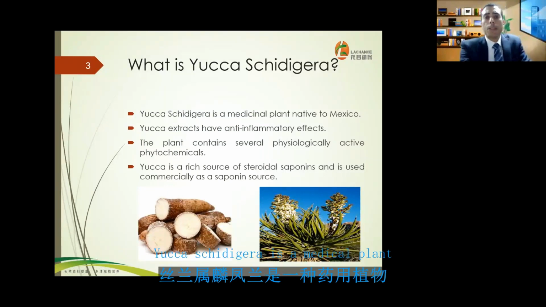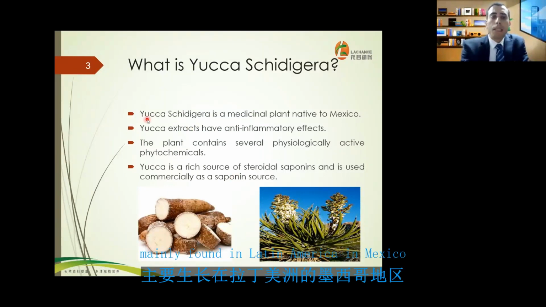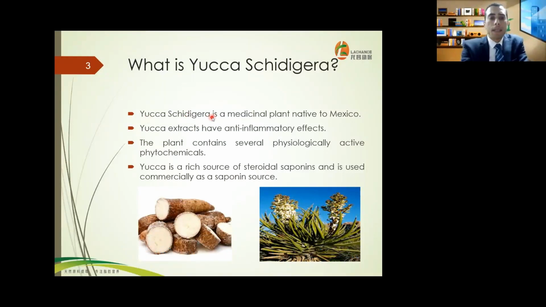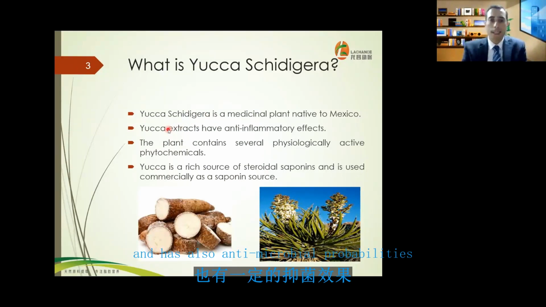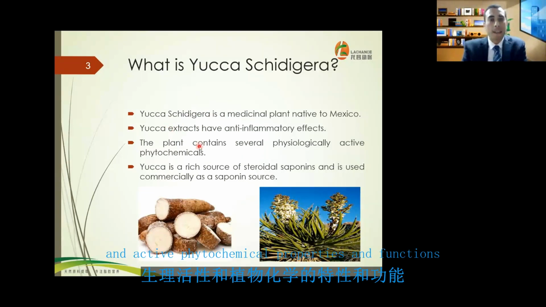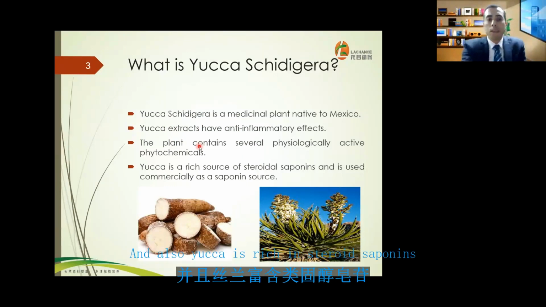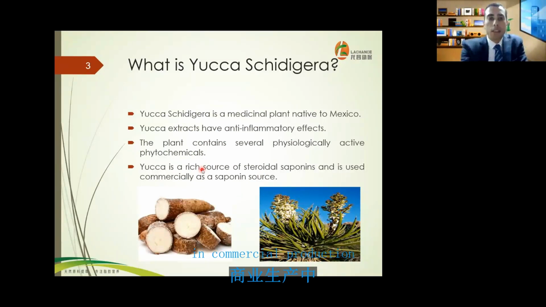Yucca is a medicinal plant mainly found in Latin America, in Mexico, and Yucca Extract has many advantages, such as anti-inflammatory effects and antimicrobial properties. The plant contains several physiological and active phytochemical properties and functions. Yucca is also rich in steroid saponins, which are currently used in commercial production.